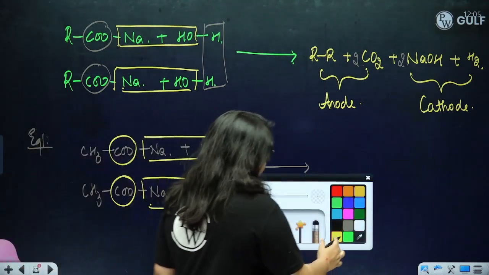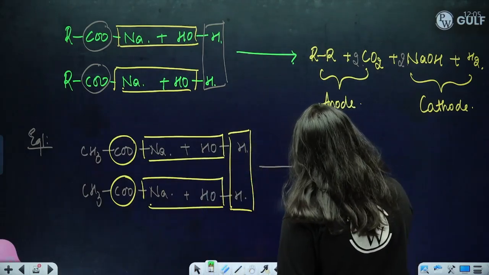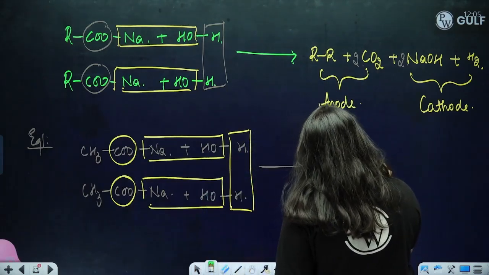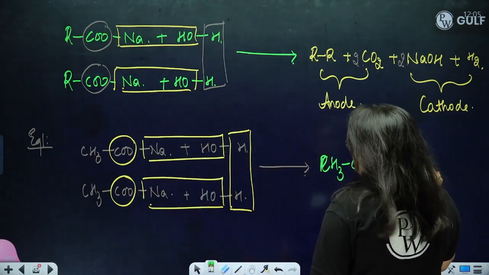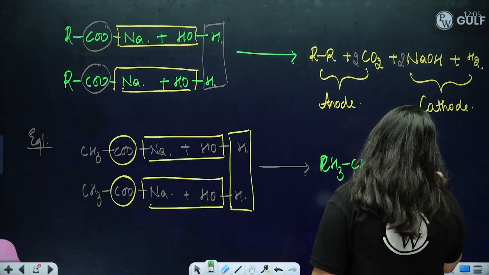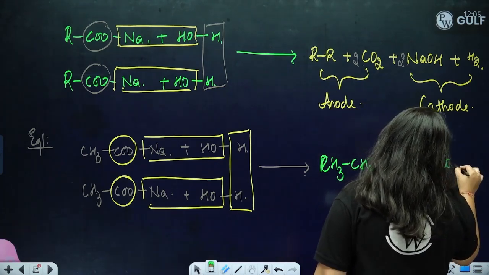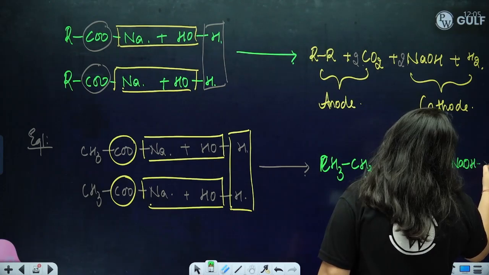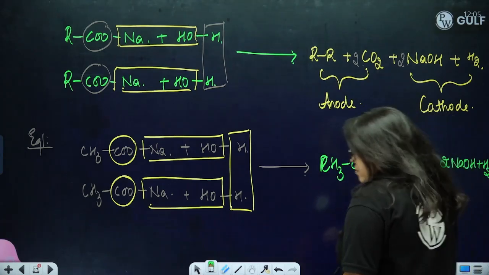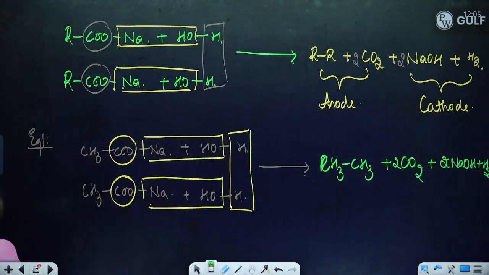You will end up getting CH3-CH3 plus 2 moles of CO2, 2 moles of NaOH, plus hydrogen. I hope this is clear. Using this method, you can also prepare your alkenes as well as alkynes, and we will look at it when we get there in the next part.